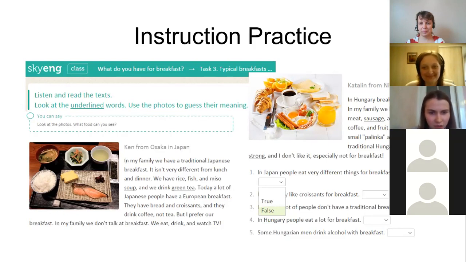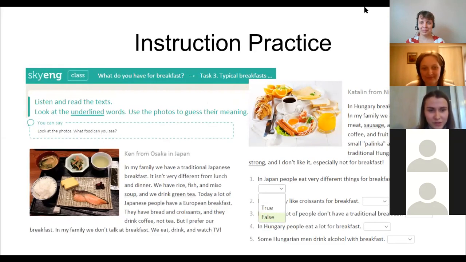In my family, we have a traditional Japanese breakfast. It isn't very different from lunch and dinner. We have rice, fish, and miso soup, and we drink green tea. So miso soup and green tea.